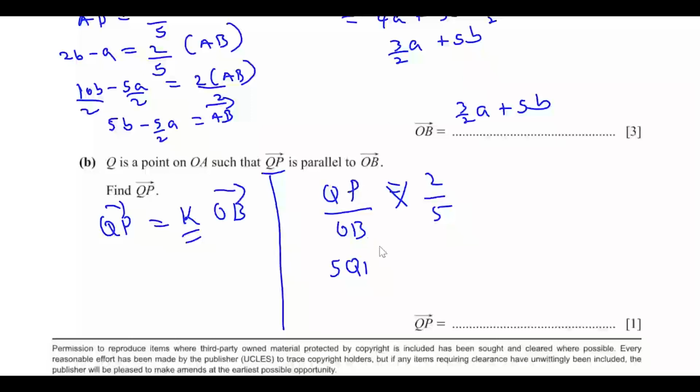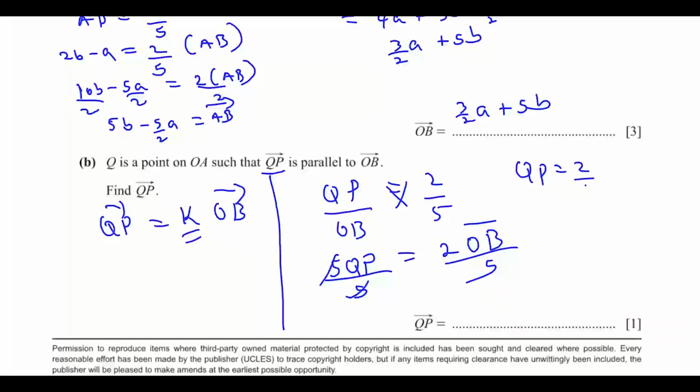So QP will be equal to 2 OB. I can now divide both sides by 5. Then QP will be equal to 2 over 5 OB.